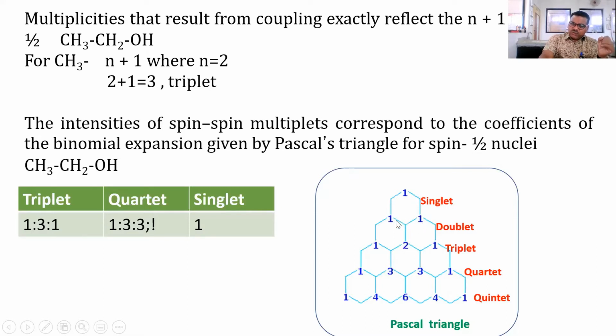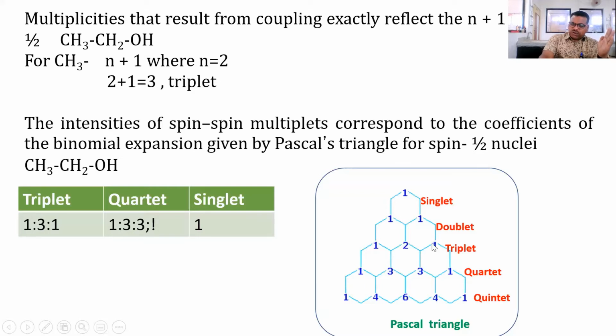When you go to the next row, again you get 1 on the left. When you move to the middle, you add 1 plus 1, which gives 2. Again 1 comes on the right side. So 1, 2, 1, and you will get the triplet.